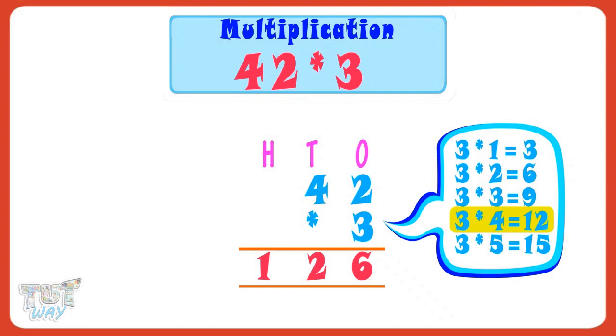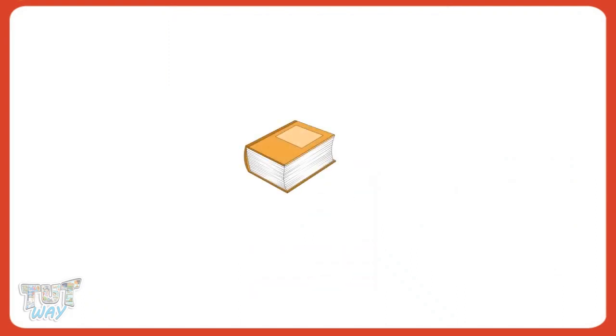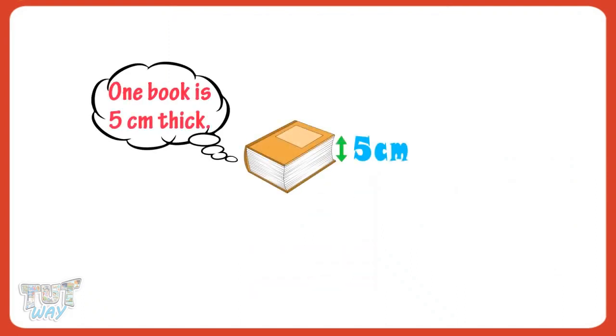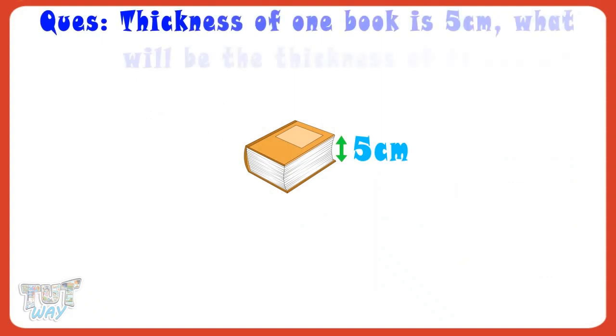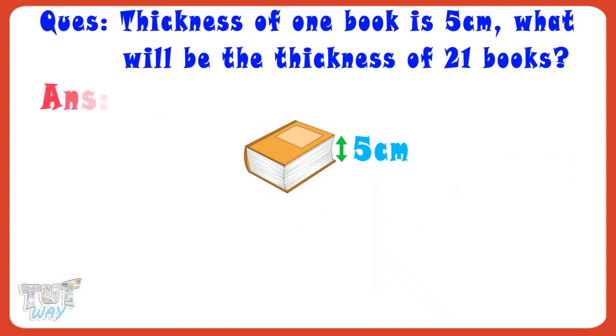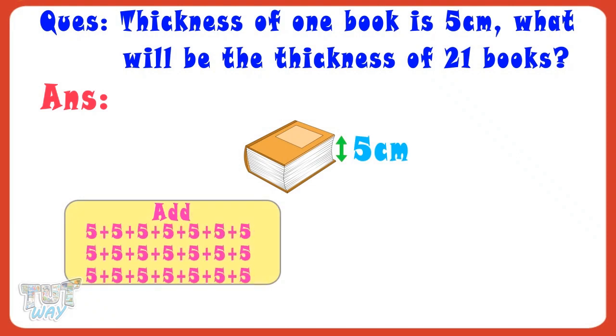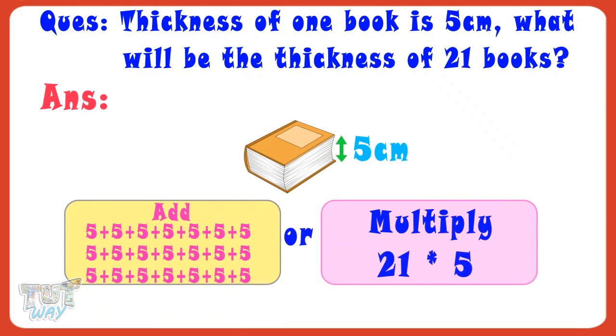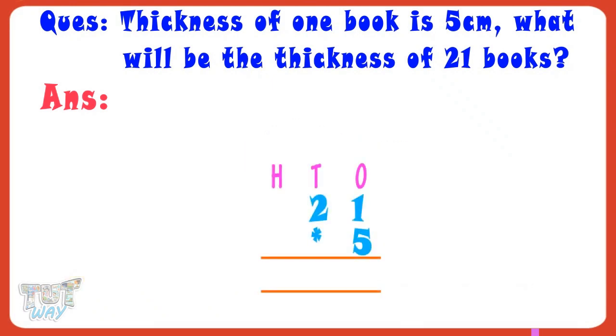Let's take another example. If one book is 5 centimeters thick, then what will be the total thickness of 21 such books? We need to add 21 5 times. So instead, we can multiply 21 with 5. We write it as now.